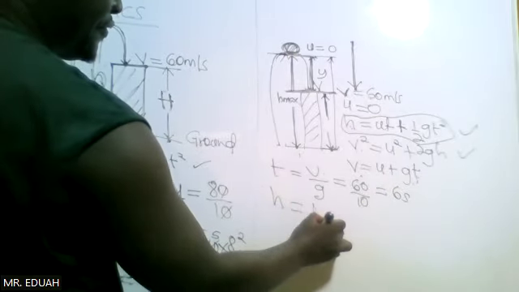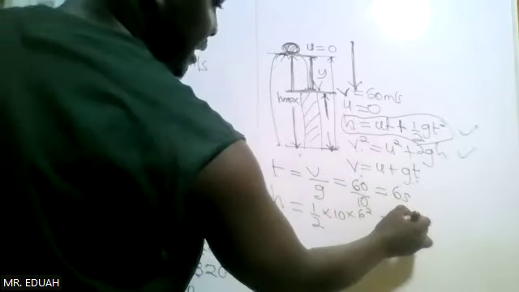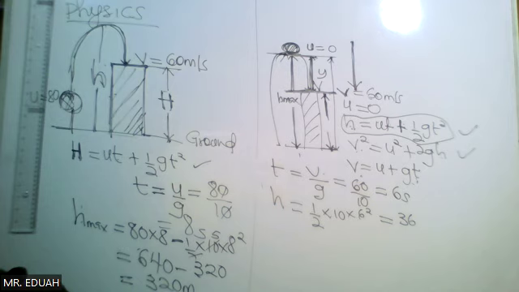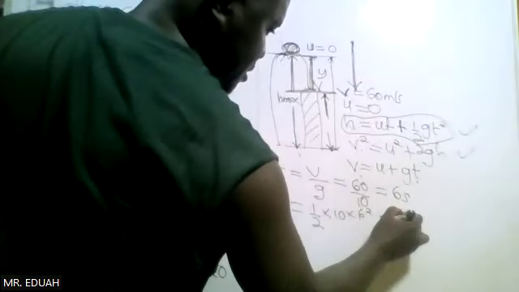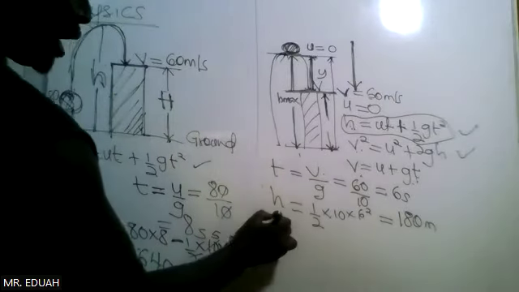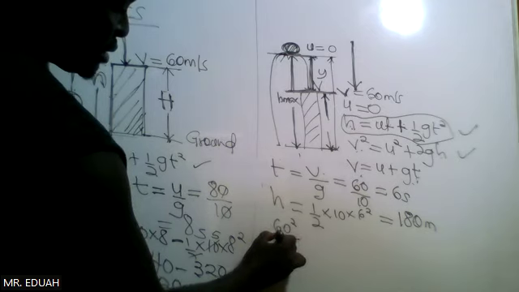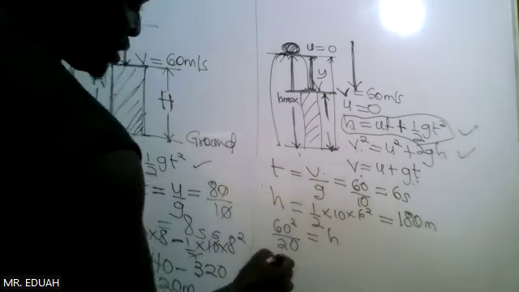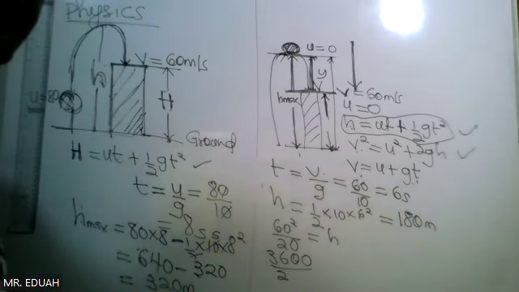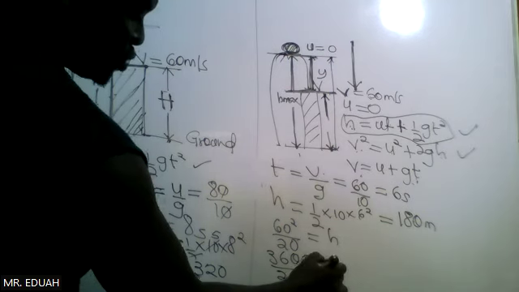If I use equation 2, then H would be equal to UT, which is 0, plus half times 10 times 6 squared. So this is 36 times 5, which is 180 meters. If I use the other equation, you have 60 squared, U is 0, divided by 20 will be H. So 60 squared is 3600 over 20, you have 360 divided by 2, which is 180.